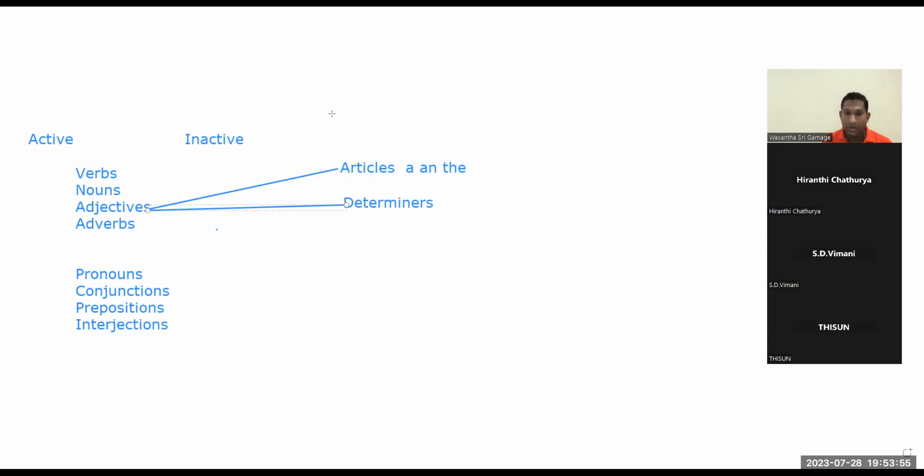So don't worry. However, we separately study articles and determiners and nouns. So in this lesson, we are going to study nouns, articles, and determiners. Right. Okay. Let's go straight away to the lesson. We'll first study nouns.